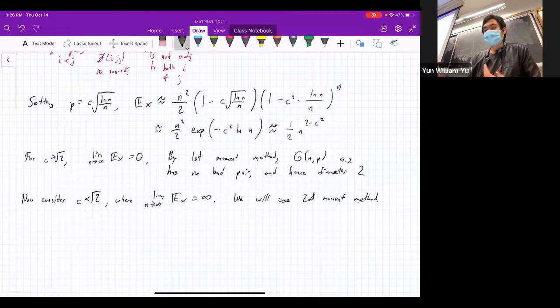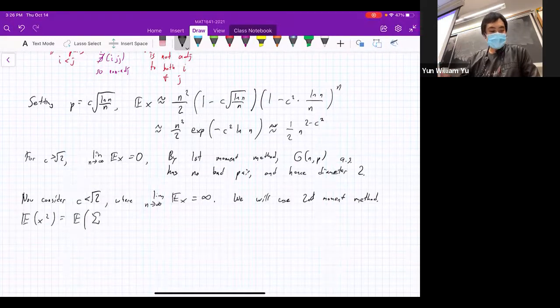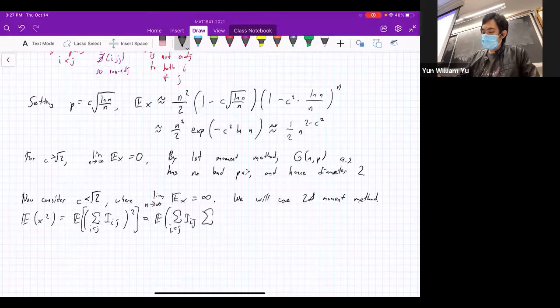In order to do that, we have to actually compute the second moment. So what's the expectation of x squared? Well, that's just equal to the expectation of the sum over i less than j of I sub ij, squared. So this is equal to the expectation of the sum over i less than j of I_ij times the sum over, let's do k less than l, of I_kl.